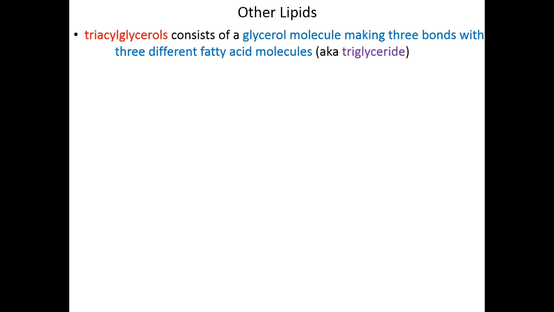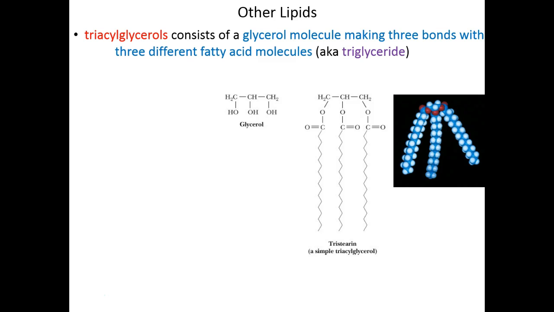Triacylglycerols are relatively small molecules made up of a single glycerol molecule and having the potential to interact with 3 different constituent parts. Now, those could be 3 different fatty acids, and if we did indeed make that, we would have a triglyceride. This is a triglyceride.